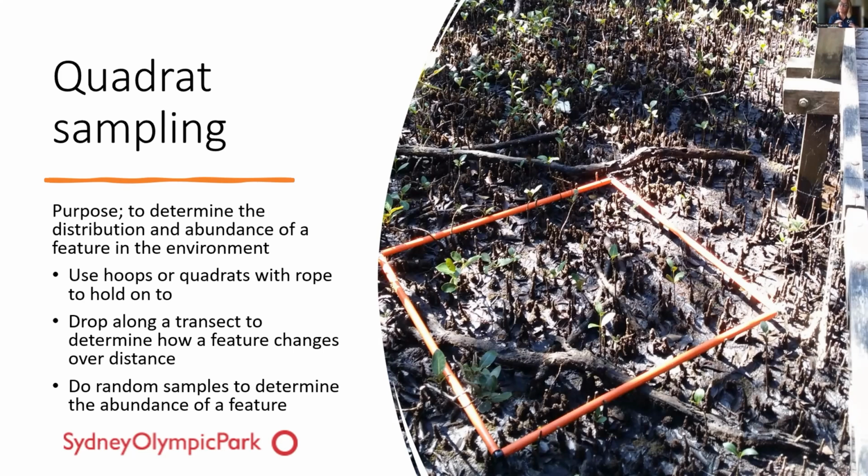If you're counting something really small, your quadrat might only be 25 centimetres by 25 centimetres. The purpose is to determine the abundance of a particular organism you're investigating, and then you can multiply it out into the total area of investigation.